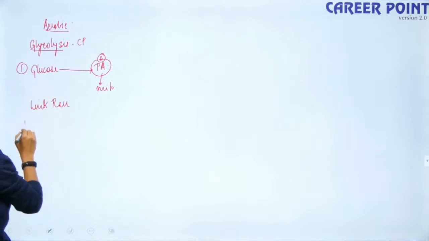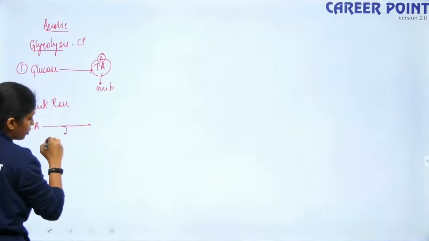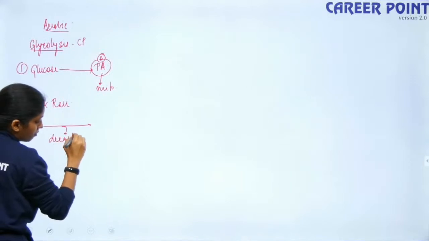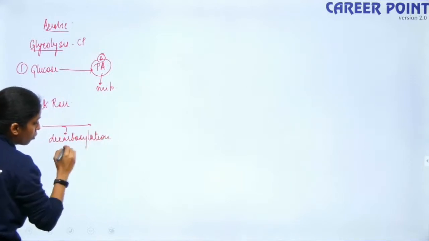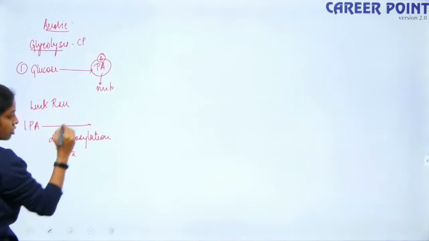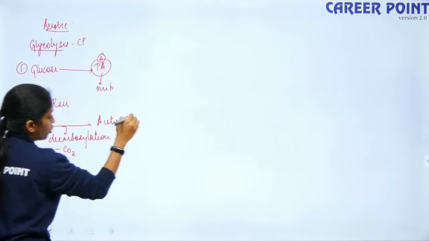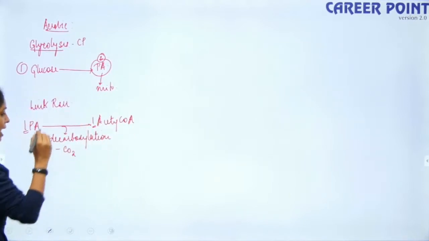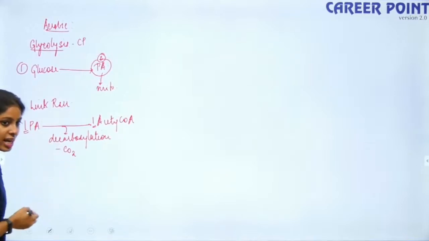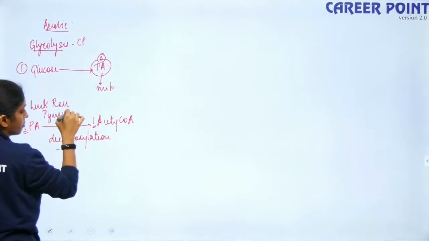Okay. So one molecule of pyruvic acid undergoes decarboxylation here. Decarboxylation means removal of carbon dioxide. Thus it forms an acetyl-CoA. So one pyruvate molecule forms one acetyl-CoA, and here the enzyme is pyruvate dehydrogenase.